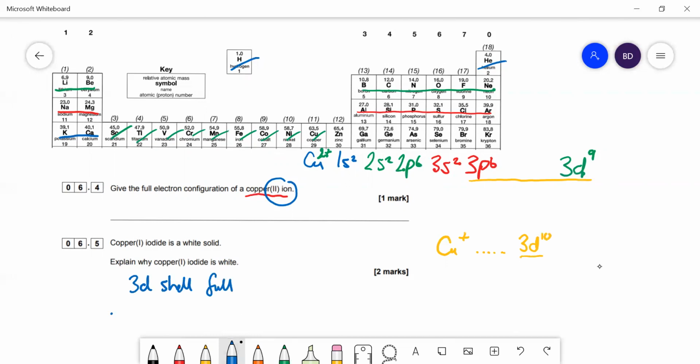So that means you can't have any transitions from one d orbital to another.